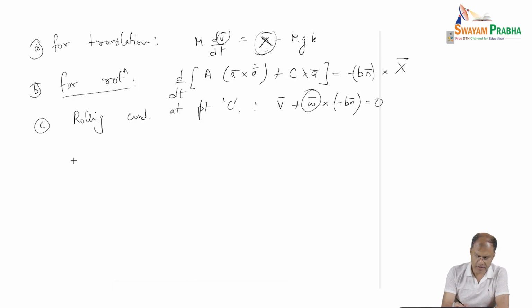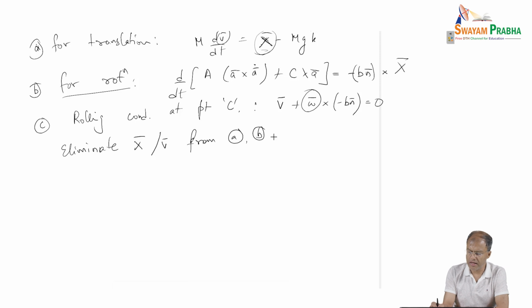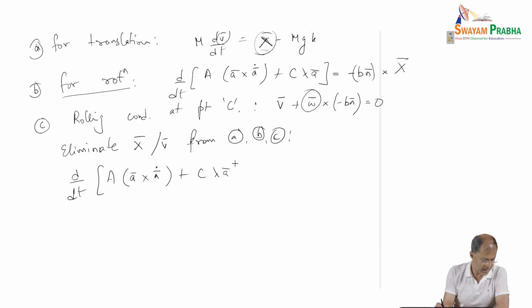So if we eliminate the reaction force X and the velocity V from these three conditions A, B, C, we see that d/dt of a times A cross A dot plus c times lambda A plus m b square. We have eliminated everything except the unknown omega.